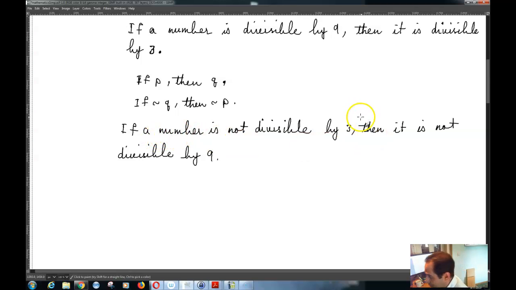If a number is not divisible by 3, then of course it cannot be divisible by 9.